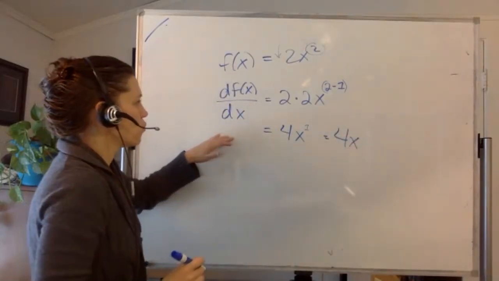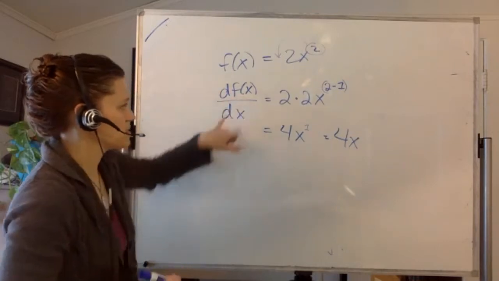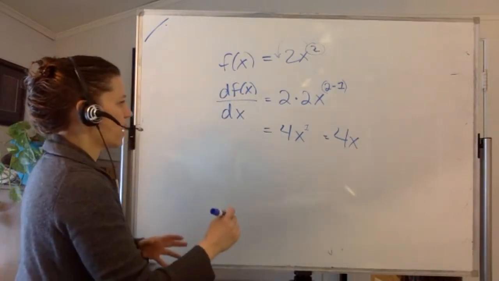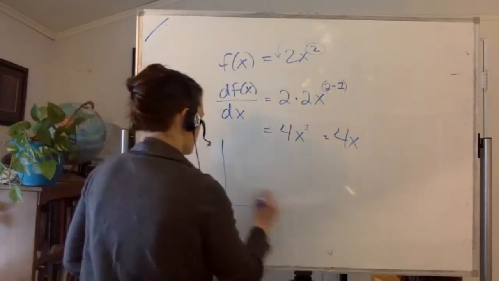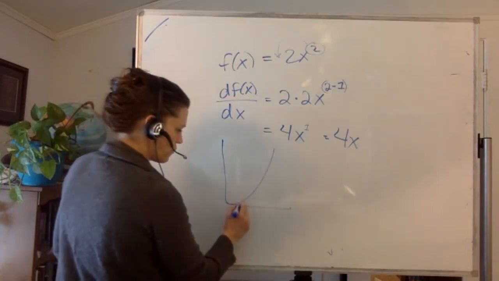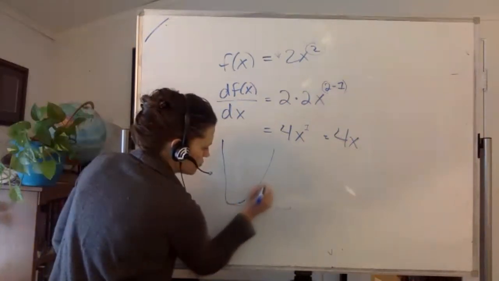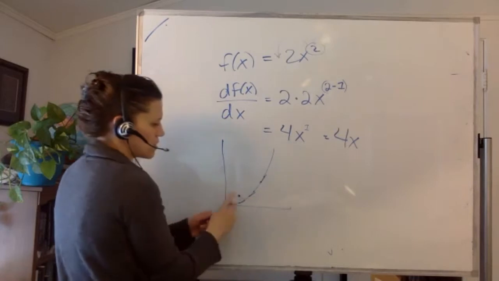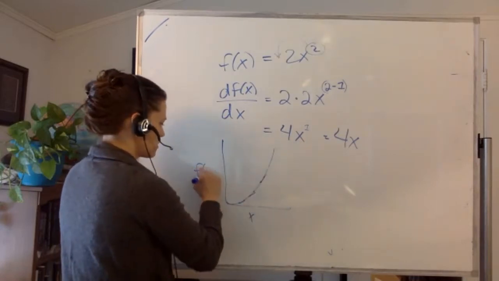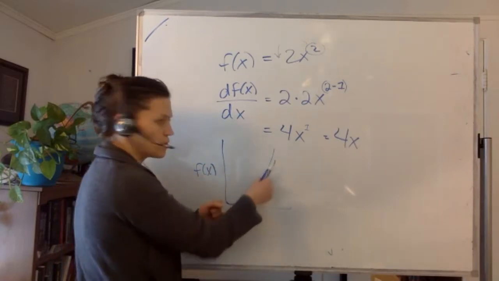What this means is that the rate of change of the function itself is going to be about 4x. Let's go ahead and draw this out. It looks something like this. So the rate of change at any two points along the curve is 4x. As x gets much bigger, notice how the slope gets bigger.